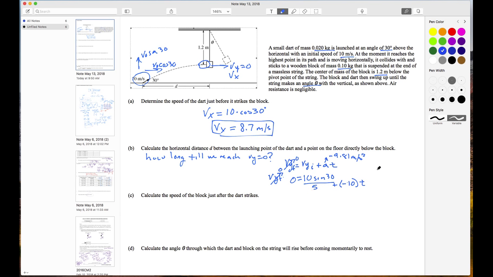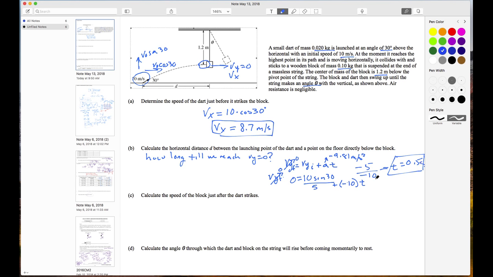If we solve this algebraically, we get negative 5 over negative 10 equals t, which equals 0.5 seconds, which is an answer that we are permitted to use.